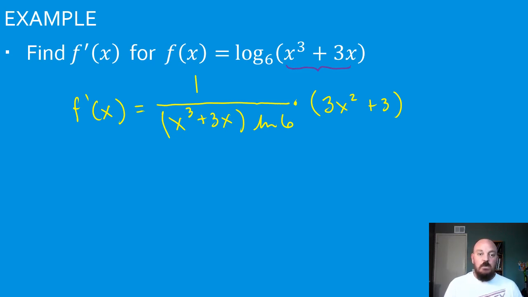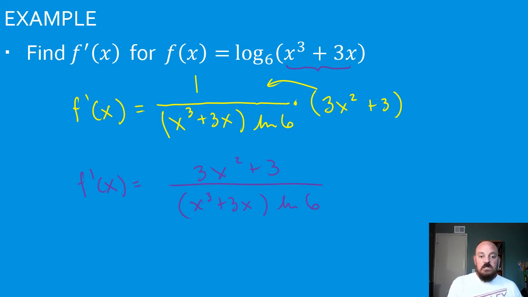And we just did the same thing with e to the x and a to the x. So to finish up this question, I would really just take this and multiply it up top there. So for my final answer for f prime, I would say 3x squared plus 3 over x cubed plus 3x times natural log of 6.